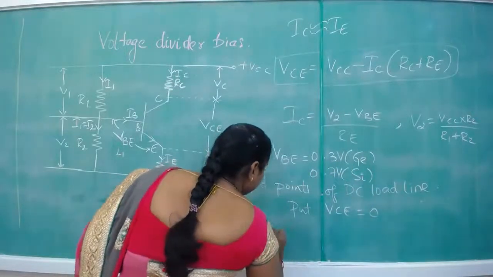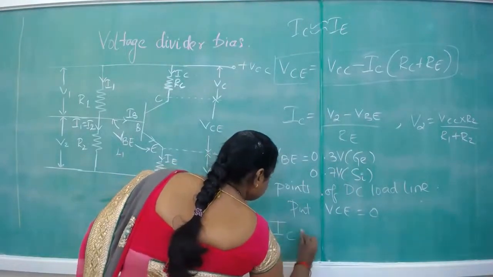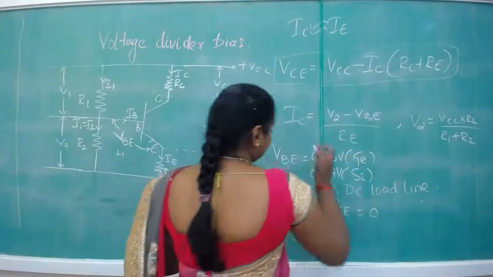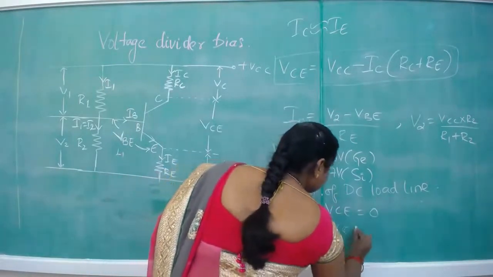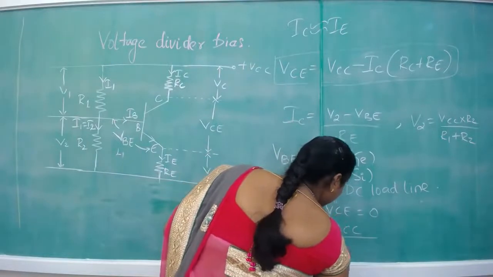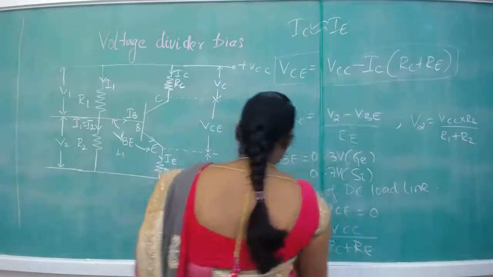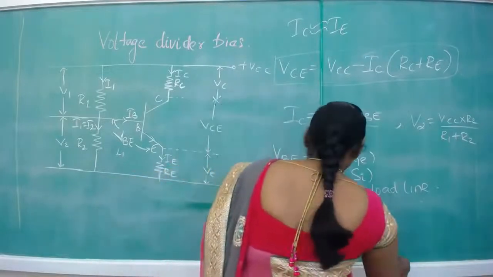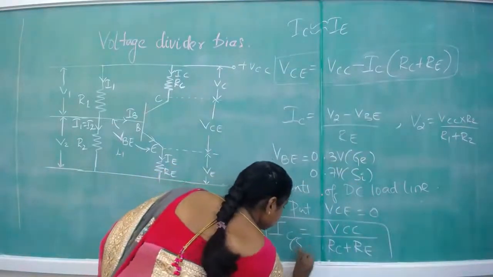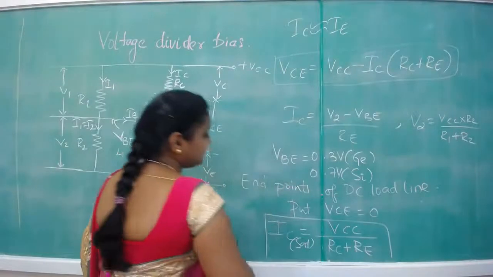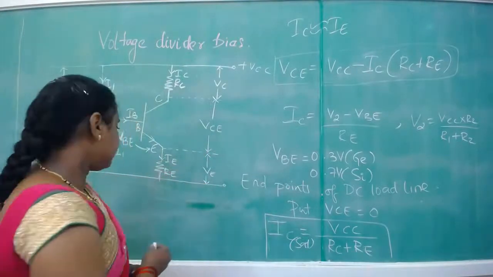So IC can be written as IC is equal to VCC by RC plus RE. This is the IC saturation point, the end point of the DC load line.